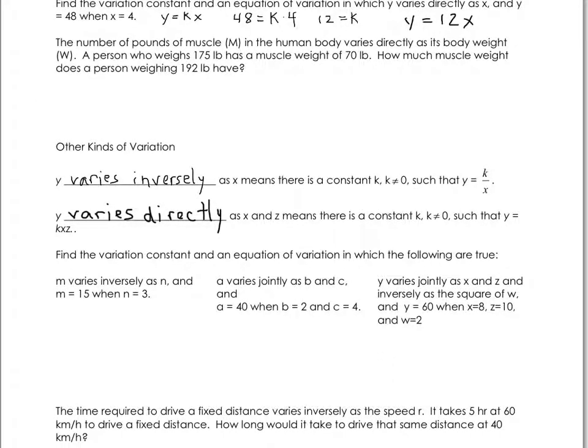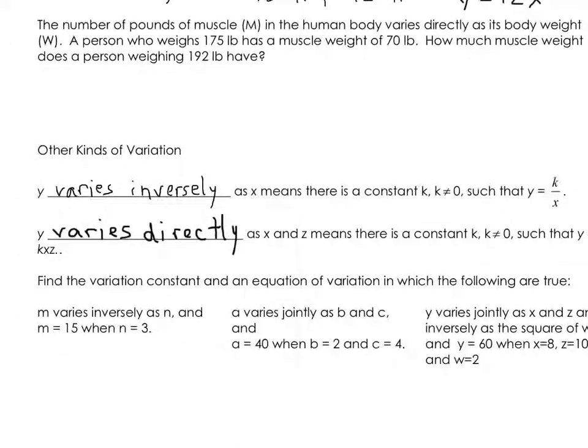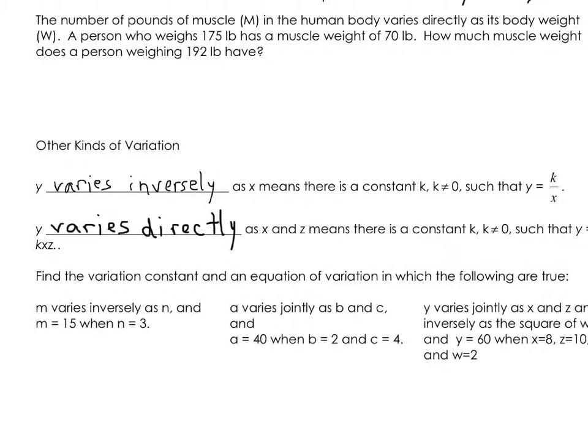The number of pounds of muscle in a human body varies directly as its body weight. A person who weighs 175 pounds has a muscle weight of 70 pounds. How much muscle weight does a person weighing 192 pounds have?